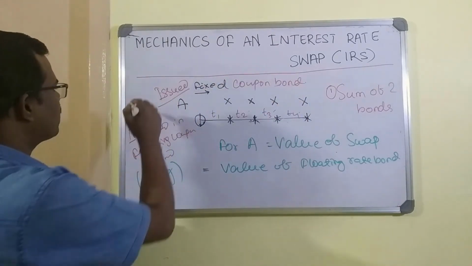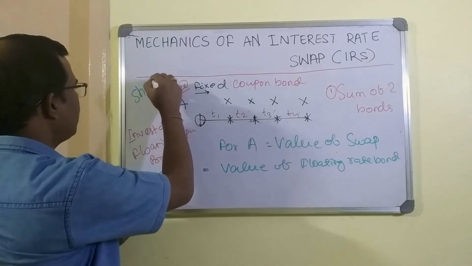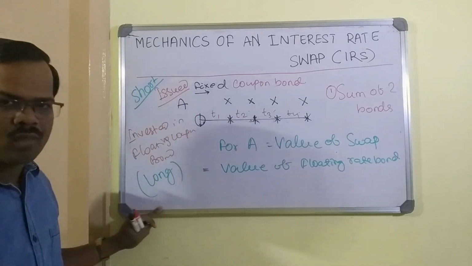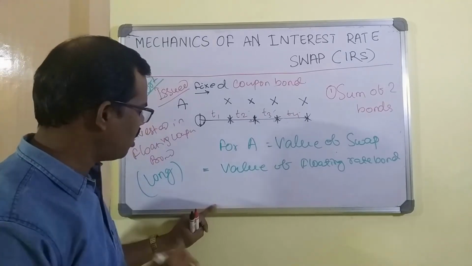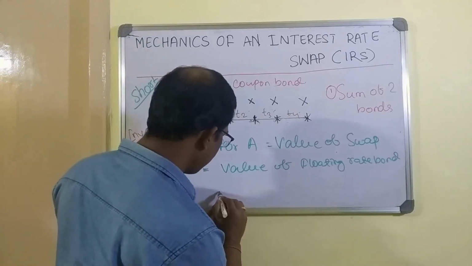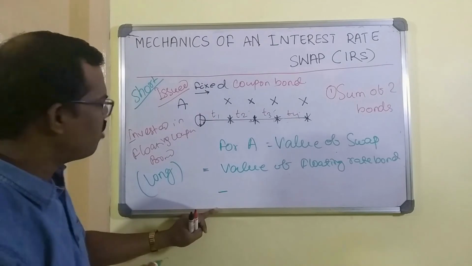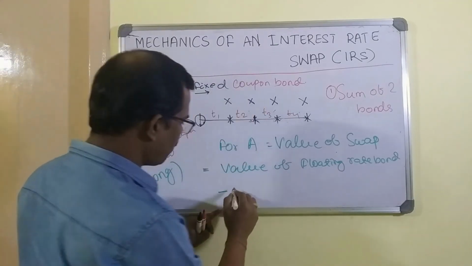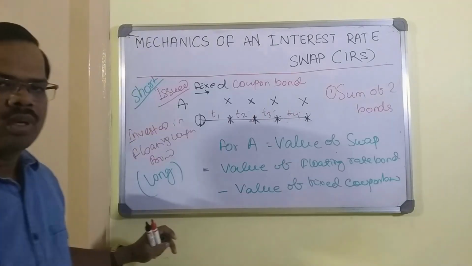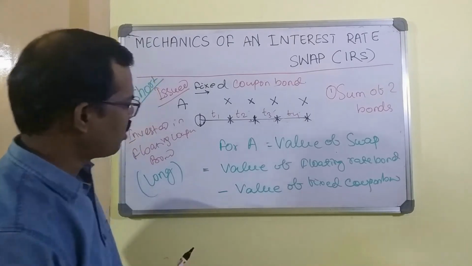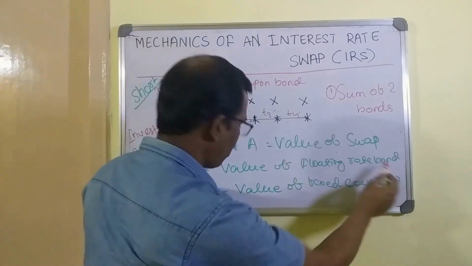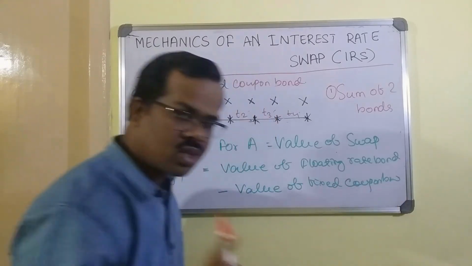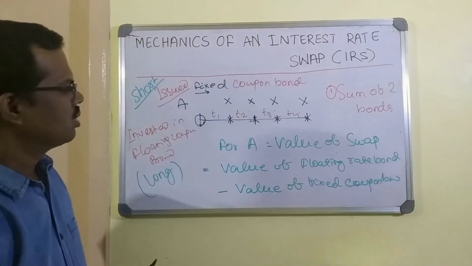So issued means it is the short position, or it is the seller, and short positions are taken on the negative side. So I will put a negative symbol and then write the value of the fixed coupon bond, right? Look at this carefully. So for A, the value of the swap is going to be the value of a floating rate bond minus the value of the fixed coupon bond, right?